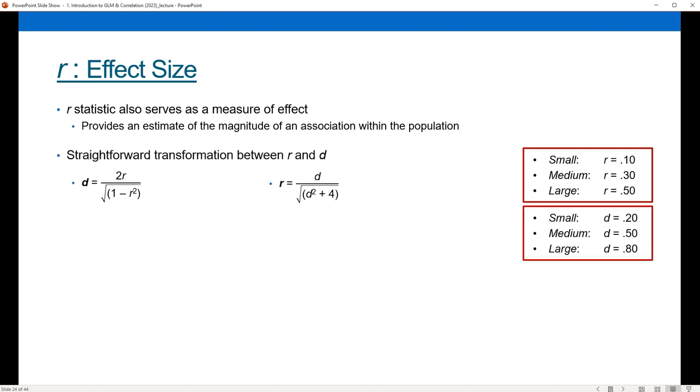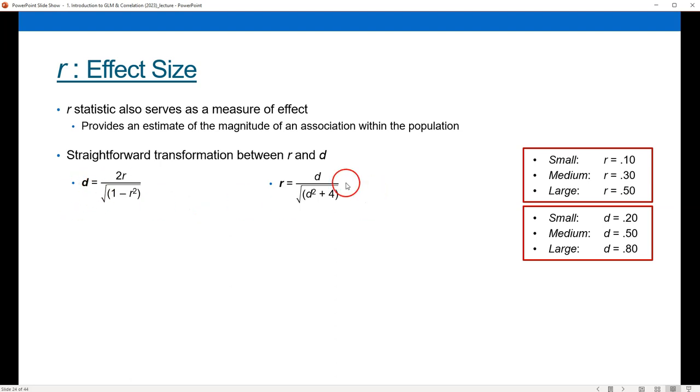Okay. The other thing that's pretty cool, we have a straightforward relation between our Pearson correlation and our Cohen's d, the d family of statistics that we used all last semester. If I have a Pearson correlation, I can turn it into a d statistic using this formula right here: 2 times r over the square root of 1 minus r squared will give me a d effect size.